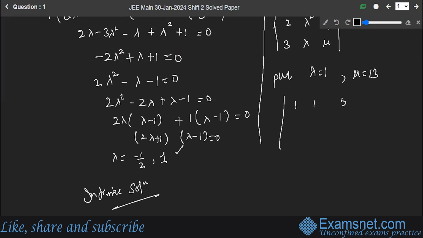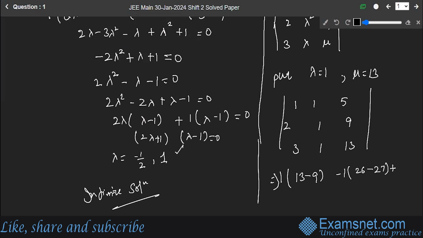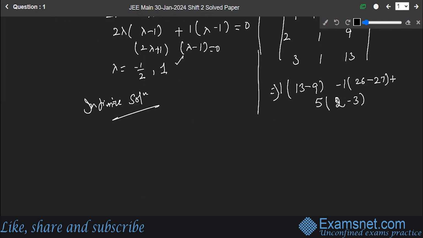If I put lambda equal to 1 and mu equal to 13, this determinant will be 1, 1, 5, 2, 1, 9, 3, 1, 13. Let's find out the determinant now. This will be 1 into 13 minus 9, minus 1 into 26 minus 27, plus 5 into 2 minus 3.